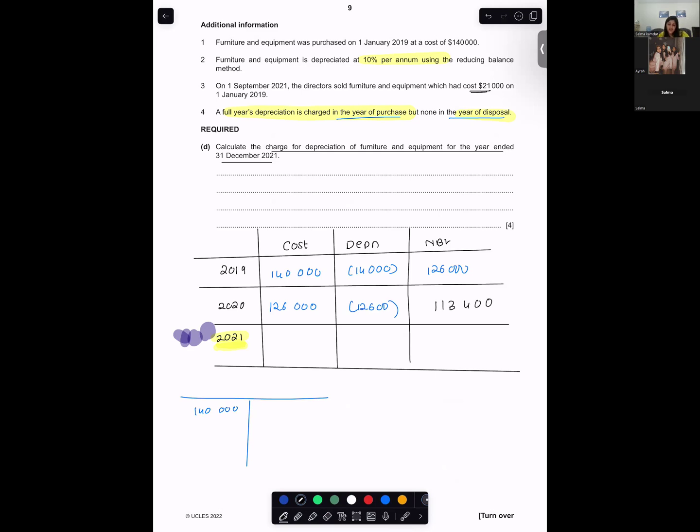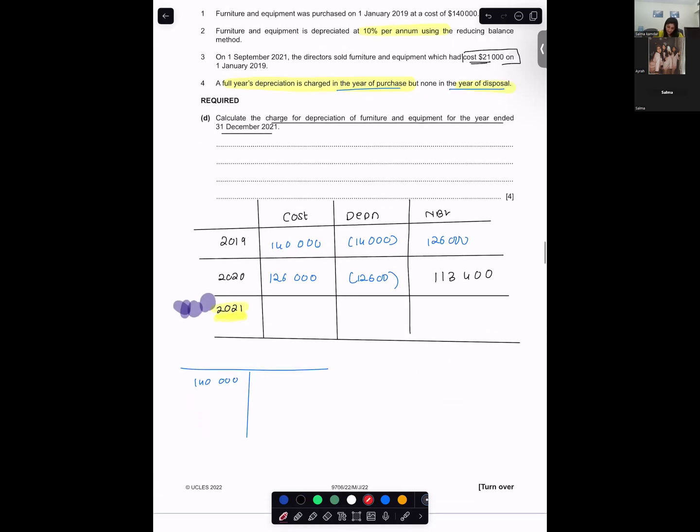So the directors have sold the furniture and equipment which had cost 21,000 in 2019. We usually prepare the assets sold separately and the remaining assets separately. So this was our assets sold at 21,000. Let's prepare our working for the assets sold.